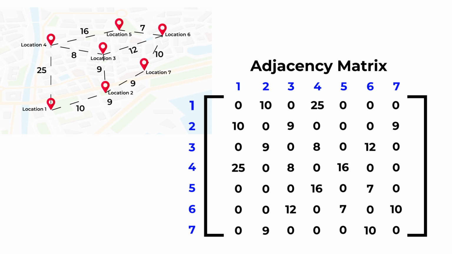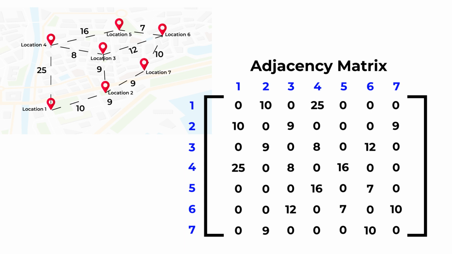Note that row 1 and column 3 is 0 because there is no direct connectivity between location 1 and 3. You must pass through location 2 or 4 in order to reach location 3. Similarly, 3 and 5 are also not directly connected by a road. Hence, 3 and 5 is storing a 0 value.